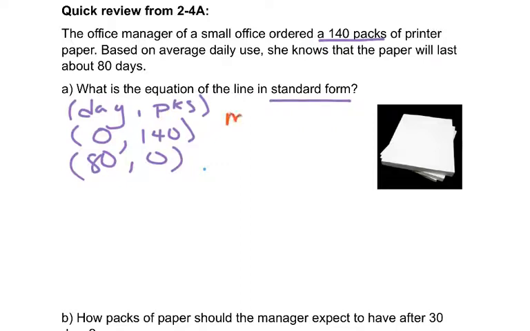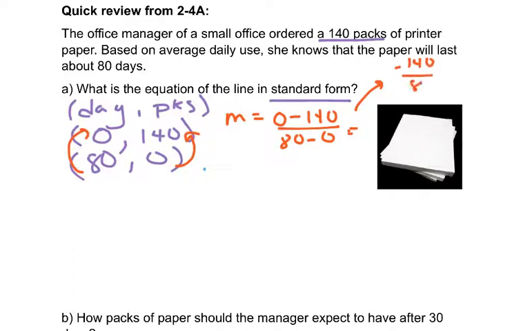So our first step is going to be to find the slope. We do change in y, so 0 minus 140, divided by change in x, 80 minus 0, which gets us negative 140 divided by 80. And that reduces down to, we can divide both of those by 20, so negative 7/4. That is our slope.